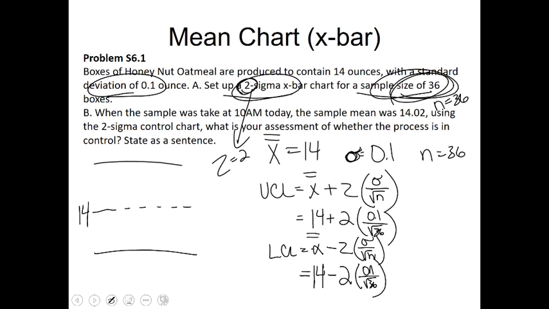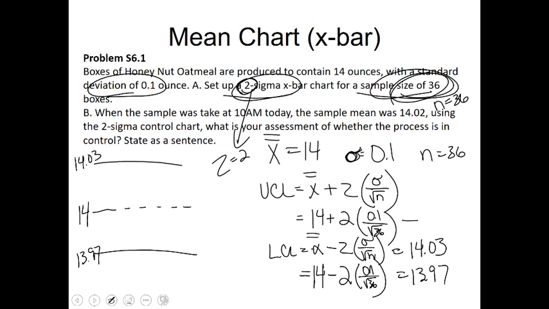And our answers then for this problem would be, look down here, 14, put it in your calculator, 0.03, and 13.97. We go over here to our control chart and we fill in the numbers. We now know our upper control limit. We know our lower control limit.